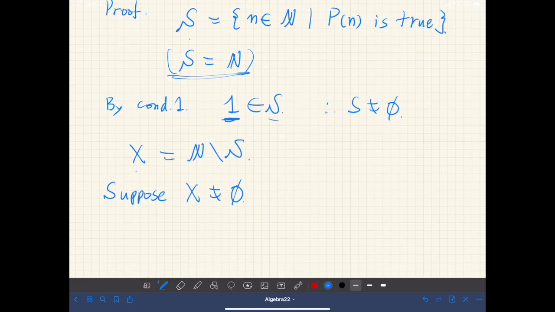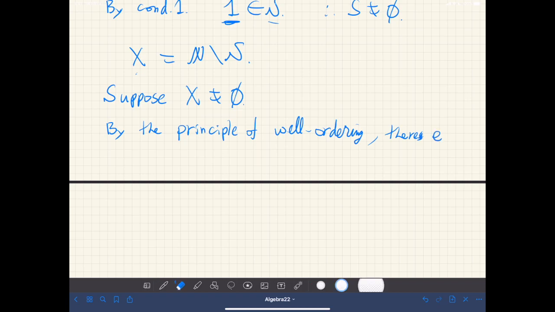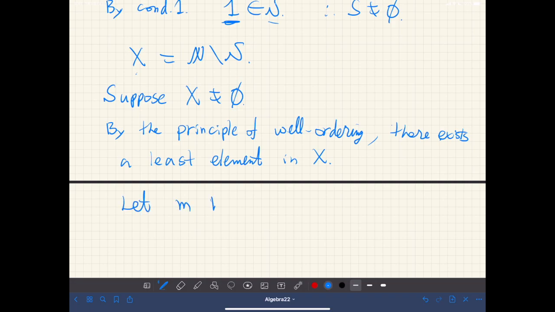Then there are some elements in X, but by the principle of well ordering, there exists a least element in X. Okay, so let M be the least element.